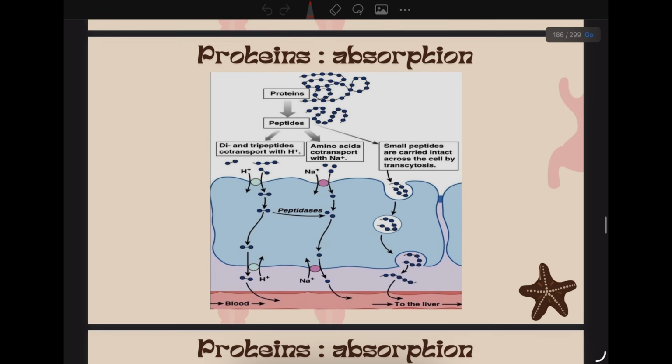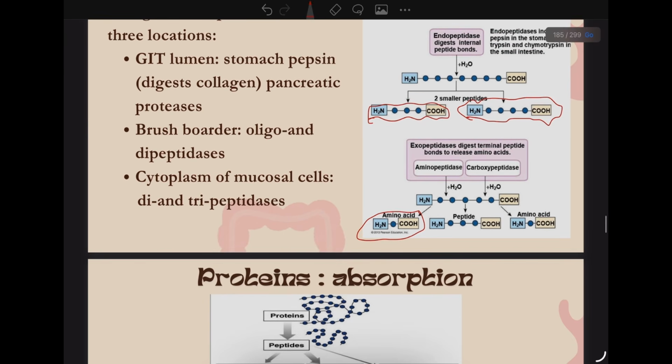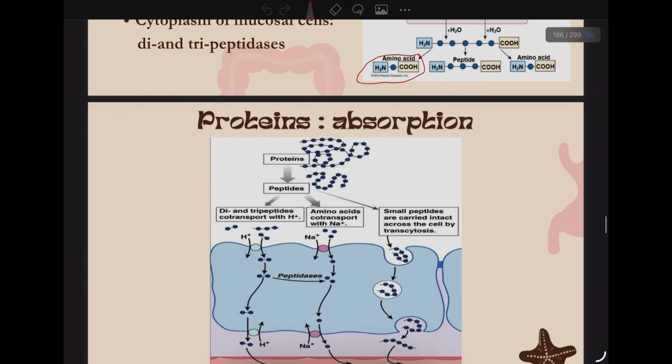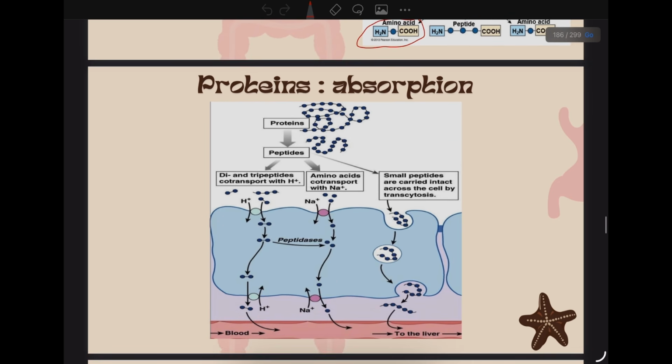Now the absorption. What's happening here? We said that our final products are either amino acids, dipeptides, tripeptides, or small intact peptides. So how do we deal with any of these? If it's an amino acid, which is the smallest thing we could have, it goes in with an Na co-transporter, just like glucose and galactose.